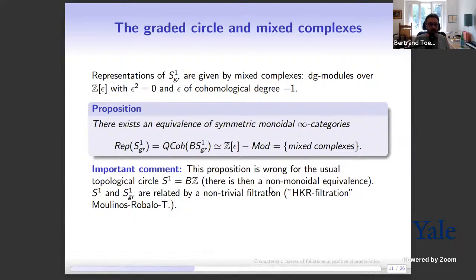And that's not just a comment: you can actually say that S1 gr is the associated graded of a filtration on S1 in some sense. We have this paper with Tasos Moulinos and Marco Robalo explaining this HKR filtration, that there is a way to say that it's the associated graded of something. I'm not going to get into that now.